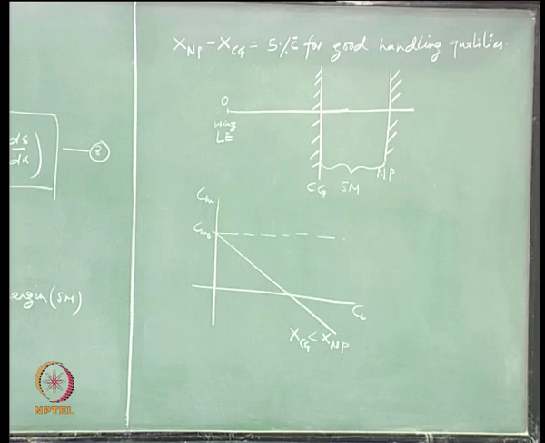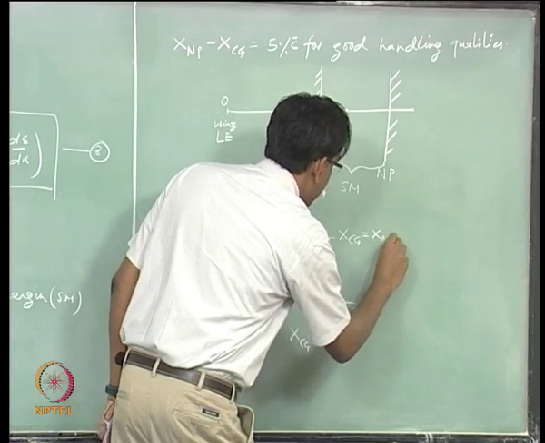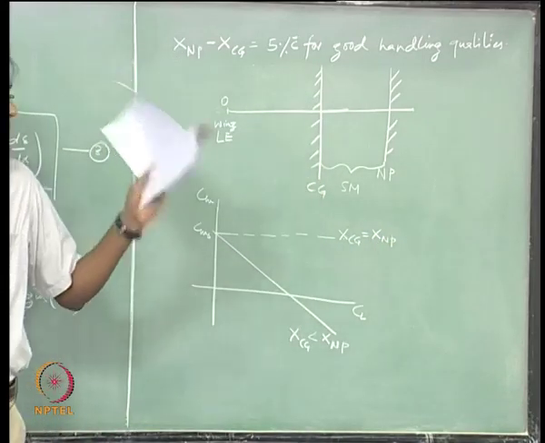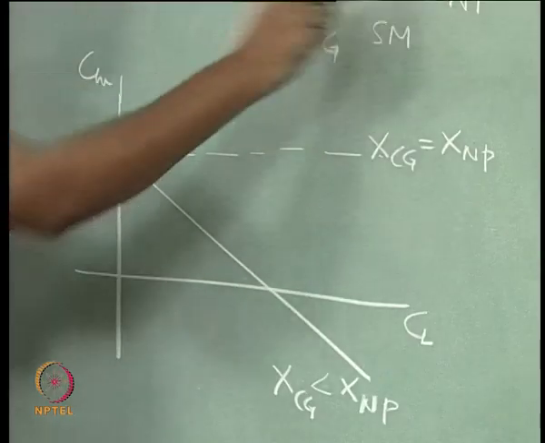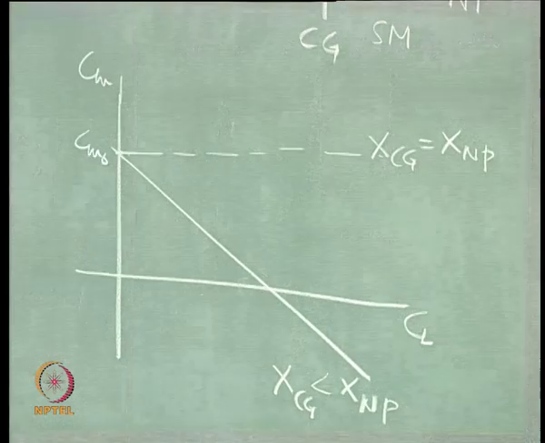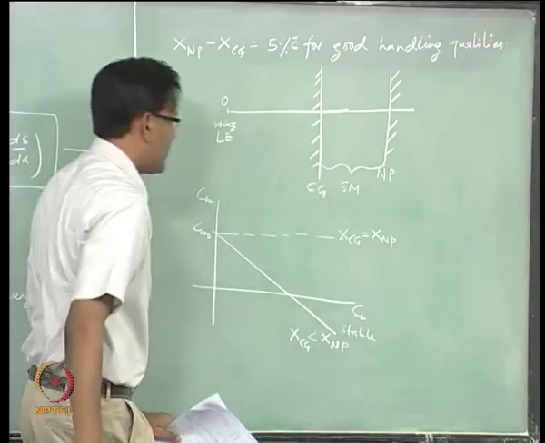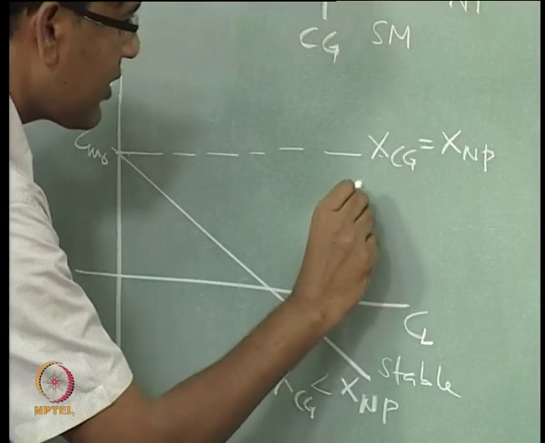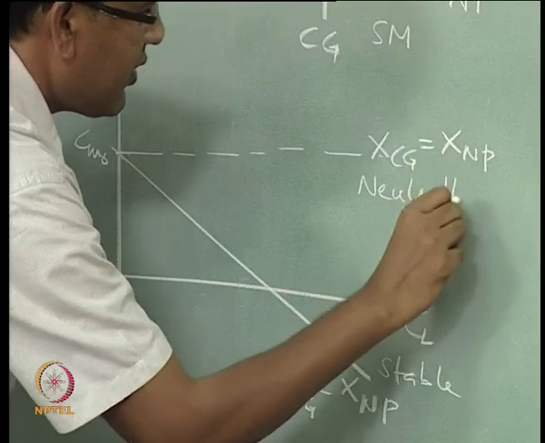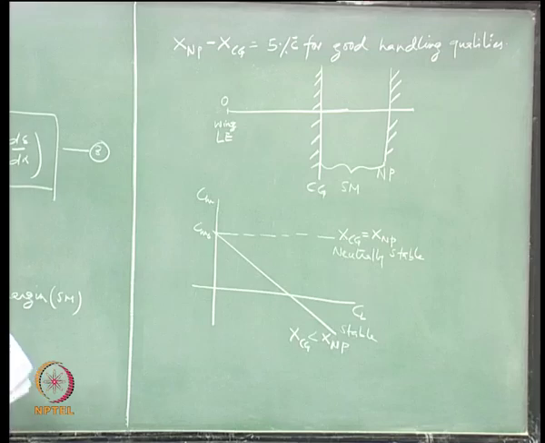You move CG backward and then there is a point where xCg is lying right on the x and p, and then you have neutral stability, right. So, this is for stable case, this line is for neutrally stable airplane.